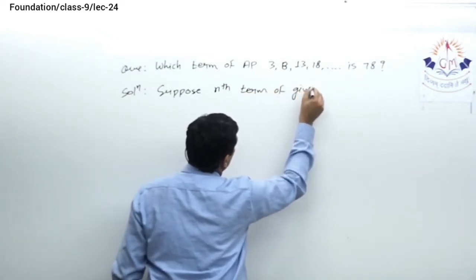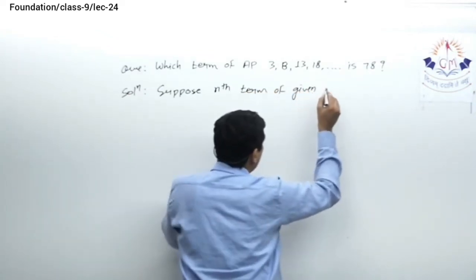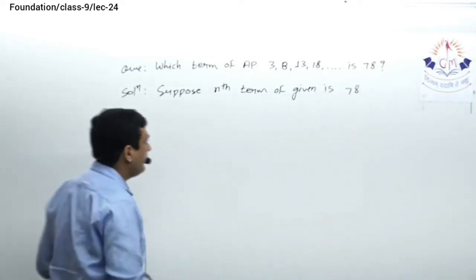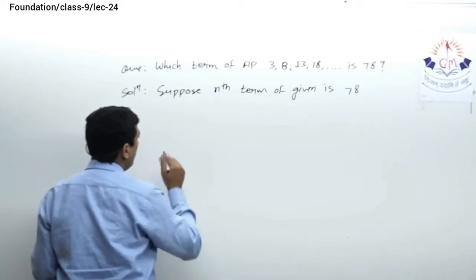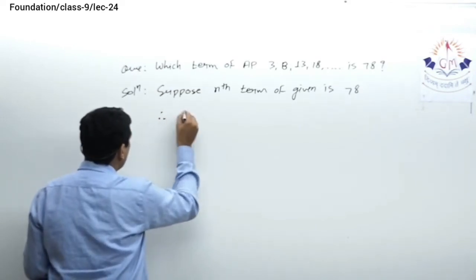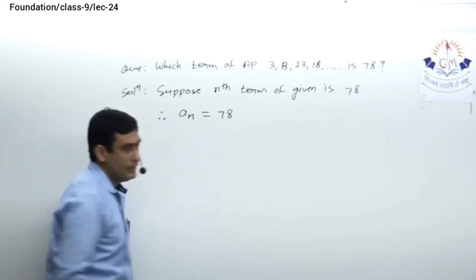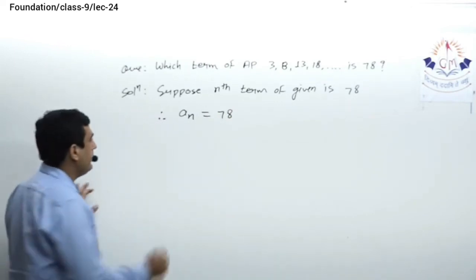It means I can say a n equal to 78, isn't it?